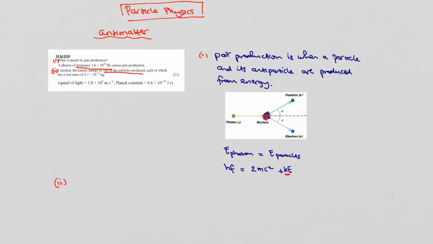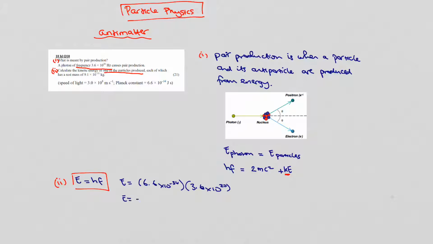So if we look at the energy of the photon first, in other words, how much energy is there beforehand, the energy of the photon is Planck's constant, h, 6.6 by 10 to the power of minus 34, given to us in the question, times f, the frequency, which is 3.6 by 10 to the power of 20.